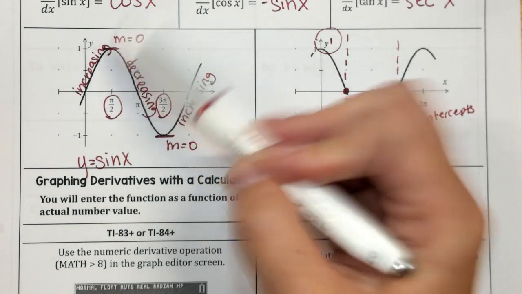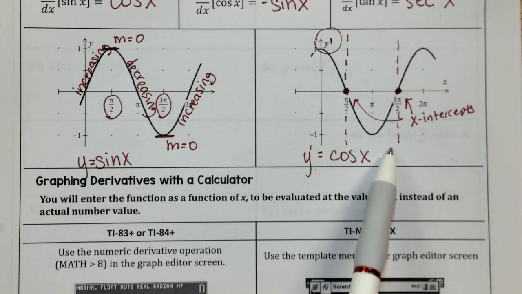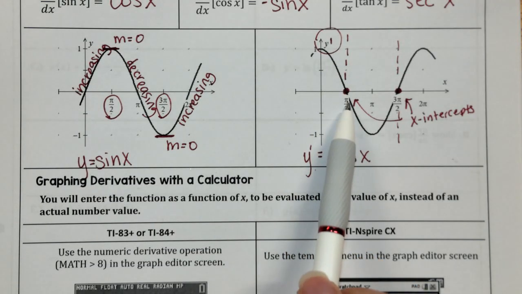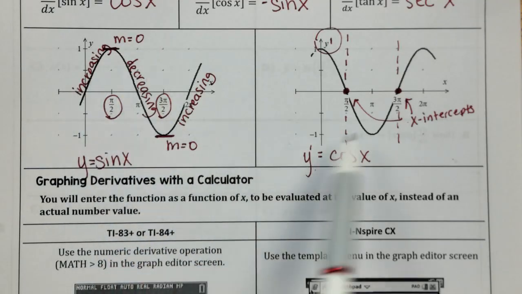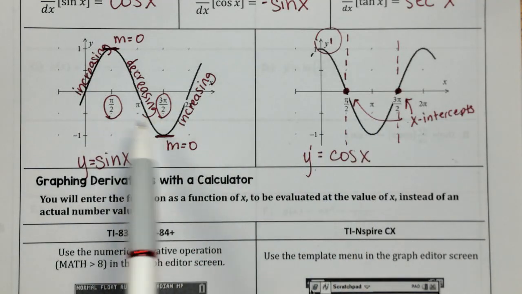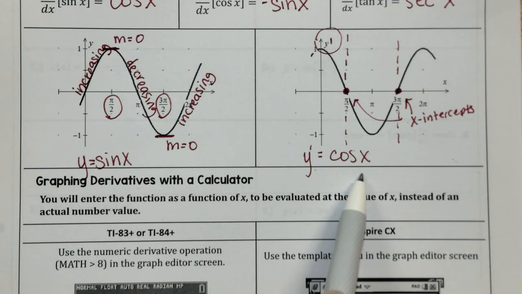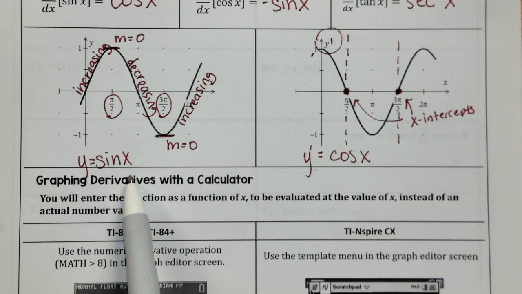And where it's decreasing, my slope is going to be a negative number, meaning it's going to be below 0. So those all match, which means when you look at these graphs, you can tell that cosine of x is the graph of the derivative of sine of x. Does that make sense to everybody?